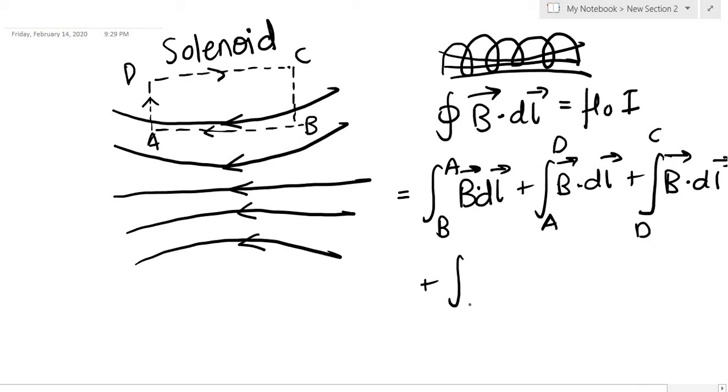Finally, the integral from C to B of B bar dot dl bar.